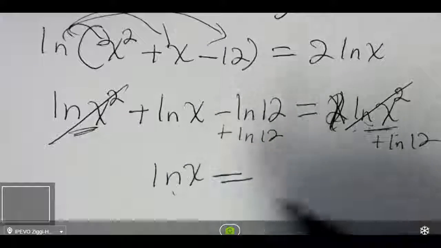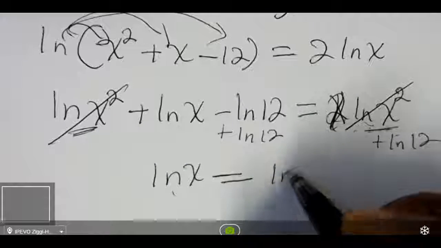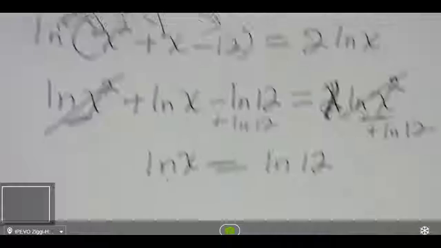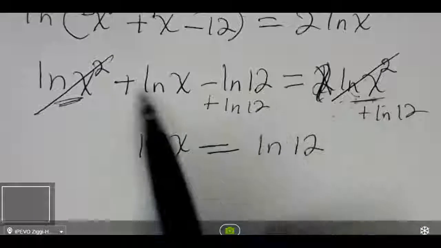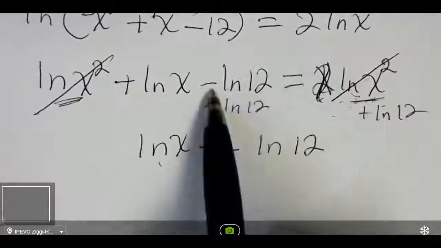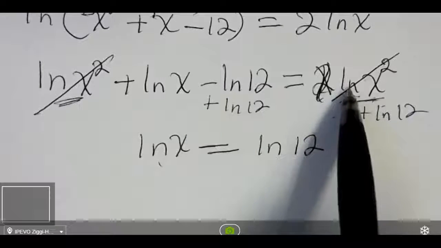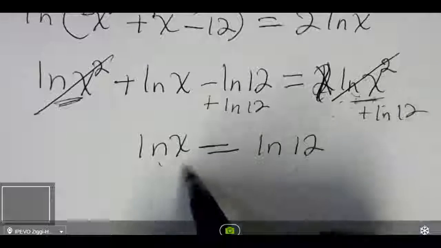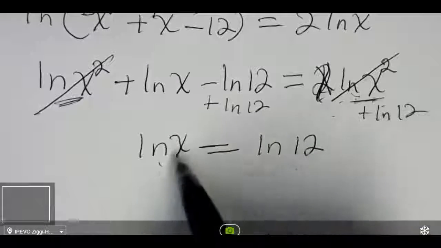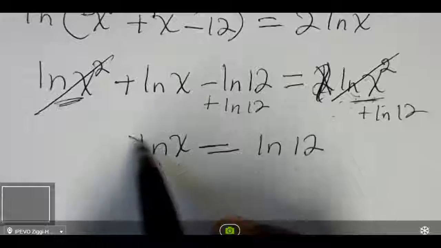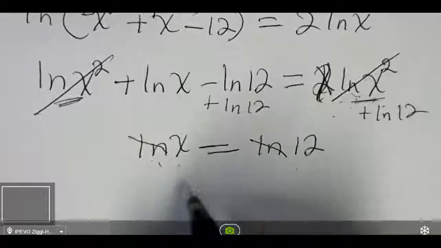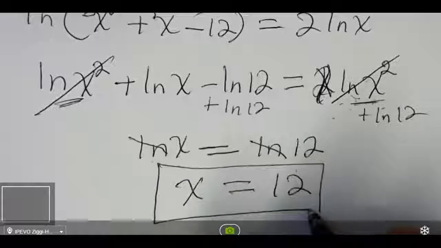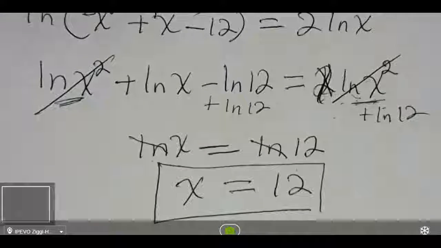So we have natural log of x is equal to natural log of 12. Okay, that makes it simple. I hope you got this. We crossed this out. We added this to both sides because this becomes 0 here. But with this, we have natural log of 12 there. So now what's next? Hey, we have our answer actually. Natural log can cross out natural log. We just have x equals 12. Look at that, how easy that came out.